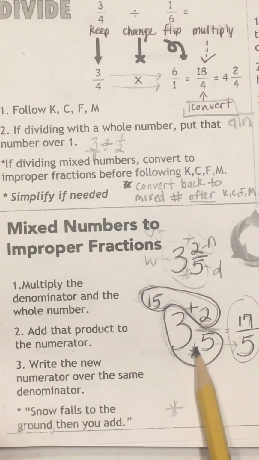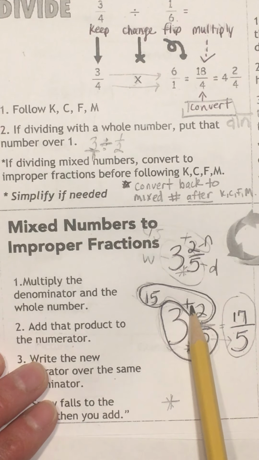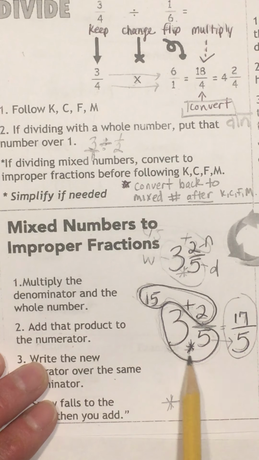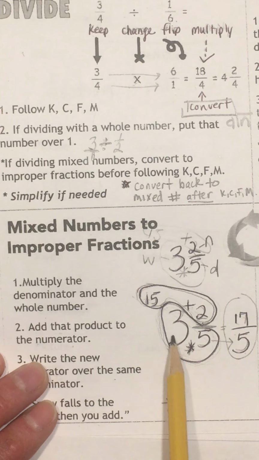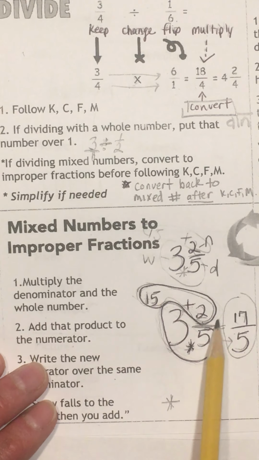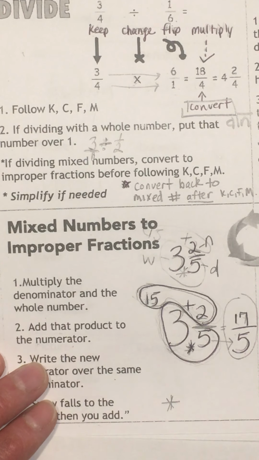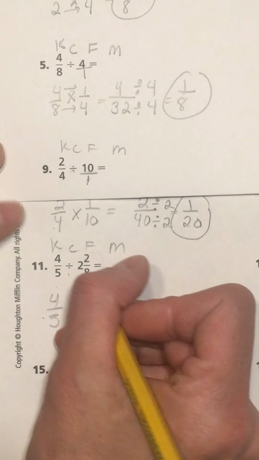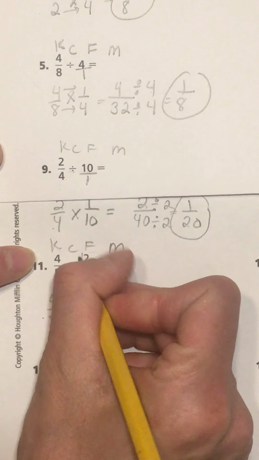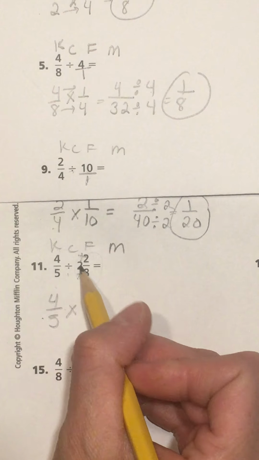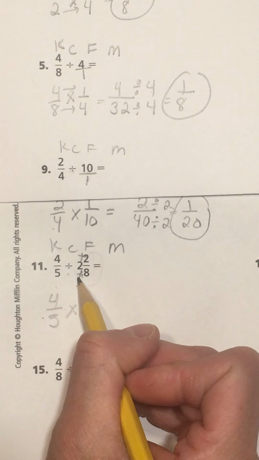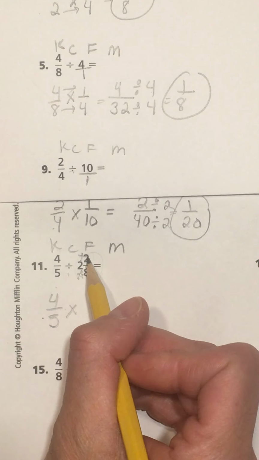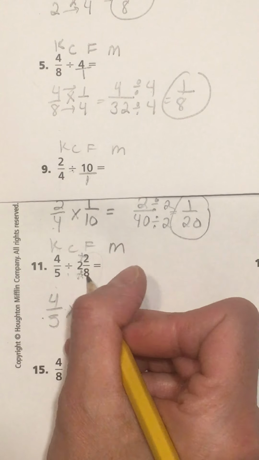You put a multiplication sign, an addition sign, you multiply the denominator and the whole number, whatever that product is, you add to the numerator, and that's your fraction. So following that, we say snow falls to the ground, and then we add: 8 times 2 is 16. 16 plus 2 is 18.